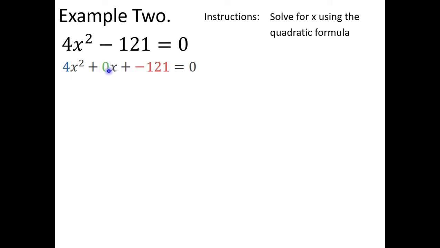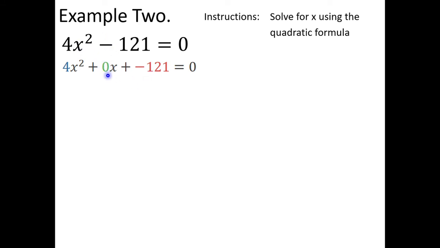So now we have this equation in the correct form to find our a, our b, and our c. Notice that you cannot obtain the a and b and c unless you put the equation into this form. It has to be exactly like this before you can take out which one's a, which one's b, and which one's c. So there was no middle term in here.